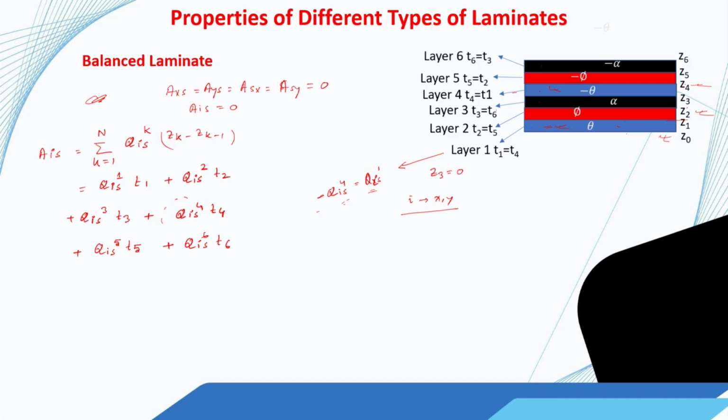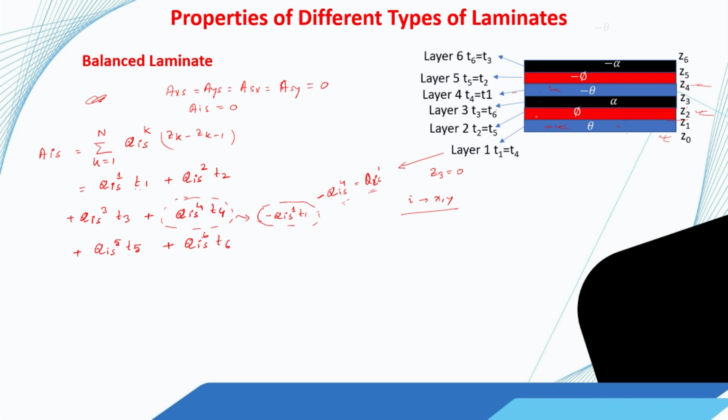So, this quantity can be written as minus of Q̄IS of 1 into T1, because the Q̄IS are just opposite of each other and thicknesses are same. So, on being added, these two quantities would give us 0.